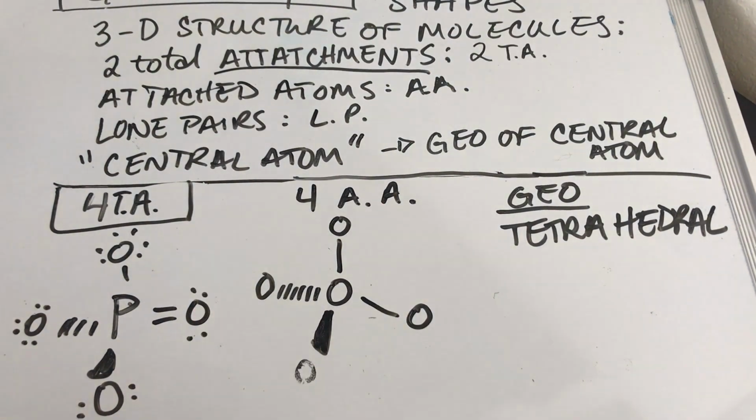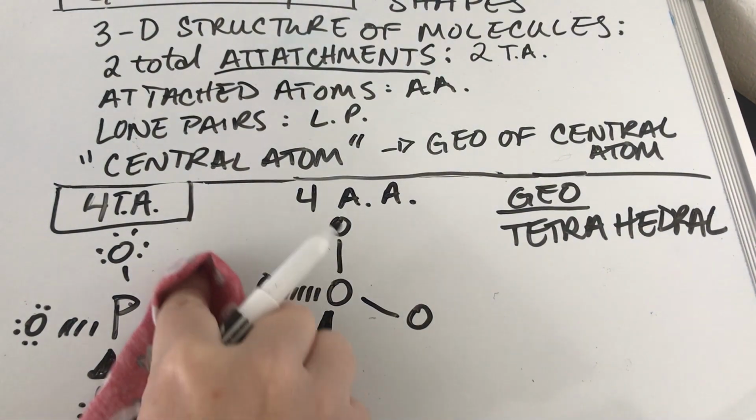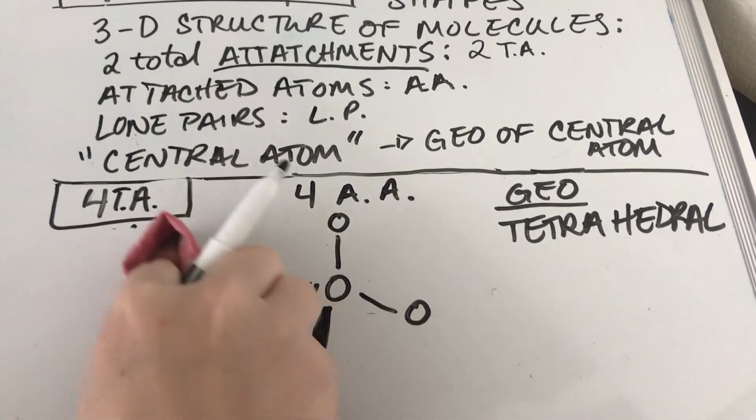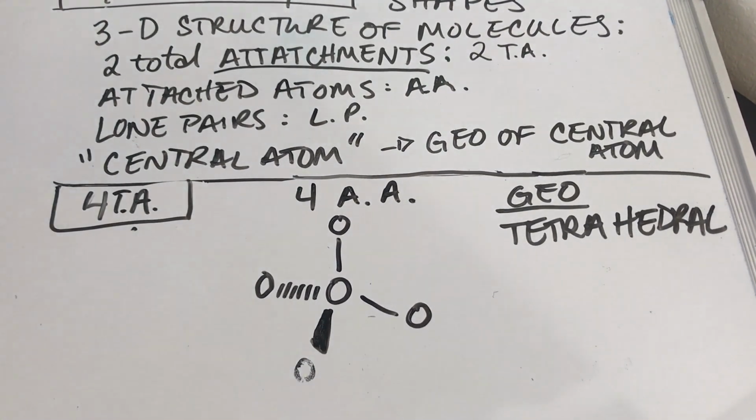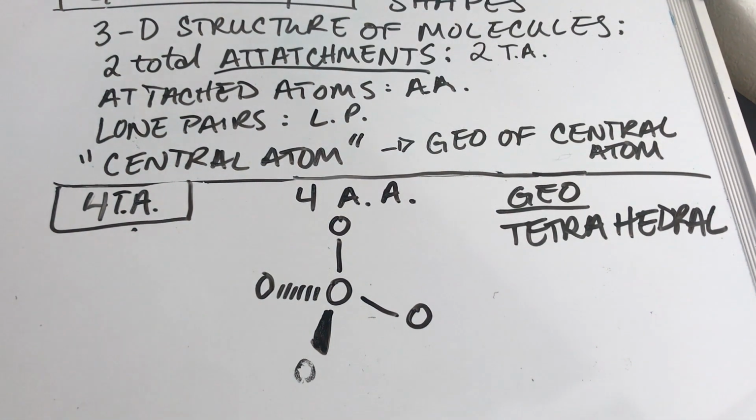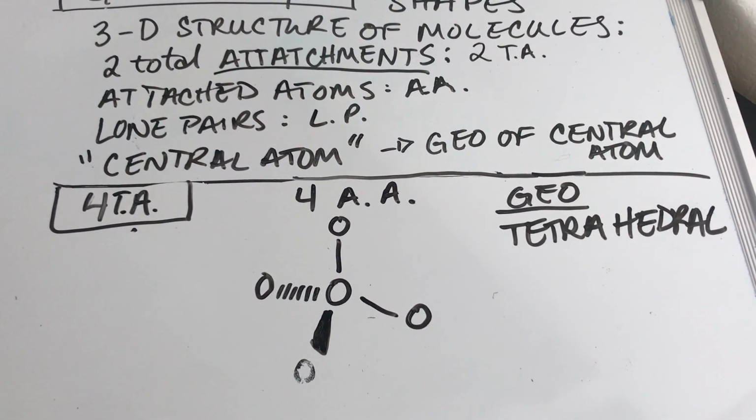I can't come up with an example off the top of my head where you would have 4 attached atoms and more than 2 double bonds. It might exist, but if I can't come up with an example, it means you're probably not going to come across it, right? So, yeah. Thank you.